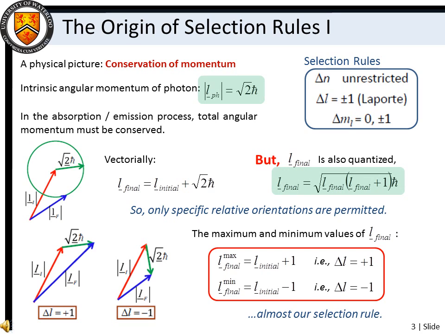We can then plot the magnitudes of the photon angular momentum and the initial and final quantum state orbital angular momenta in a head-to-tail vector sum diagram. Thus, we see that only very specific relative orientations of the three angular momenta are permitted owing to quantization, and that the orbital angular momentum of the final state must be that of the initial quantum state plus or minus 1 unit of angular momentum provided by the photon.